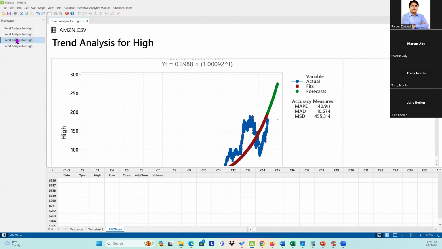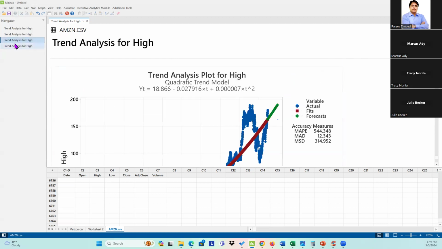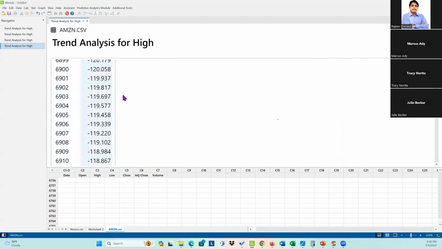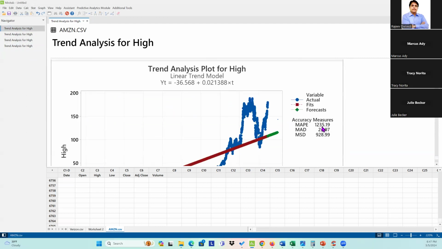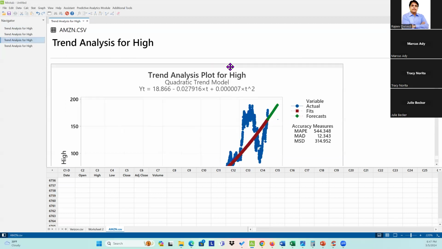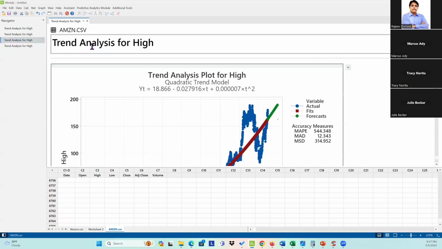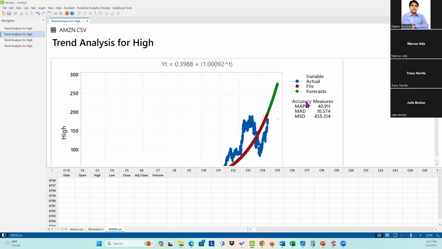Out of 4 trends, this is higher, this doesn't fit. The very first, linear one, look into this. These values are higher. So basically the exponential trend is the best trend analysis for this. So exponential is the best.